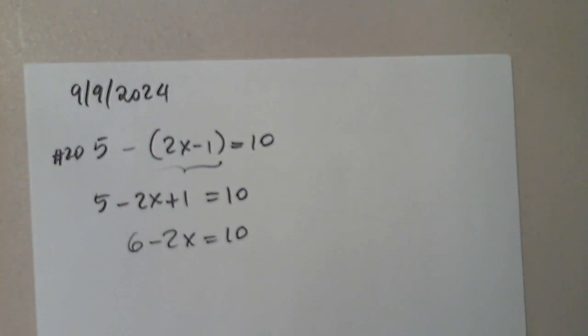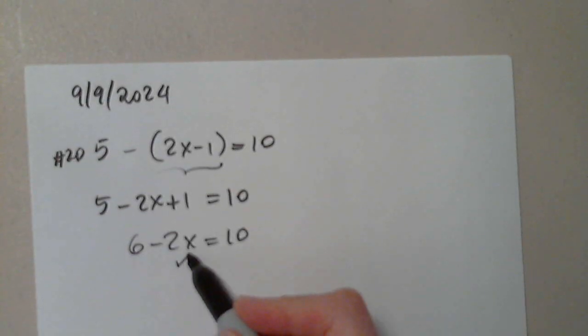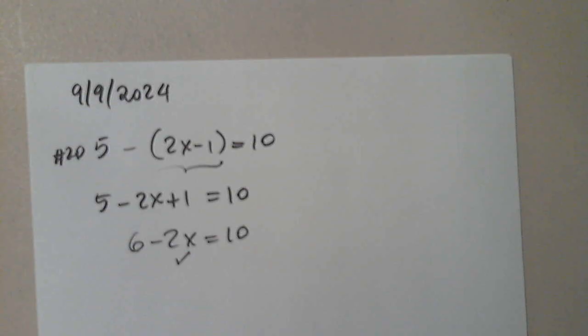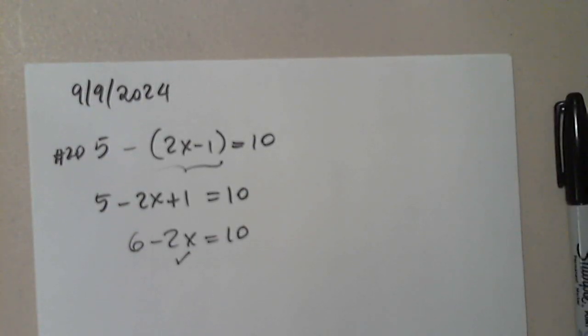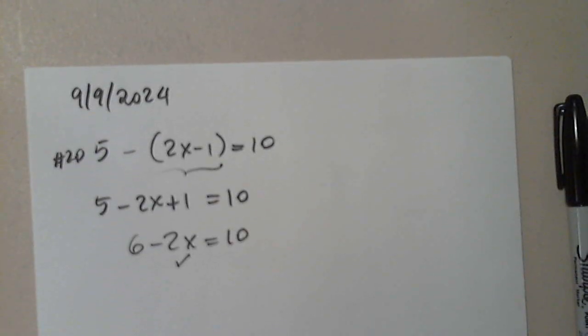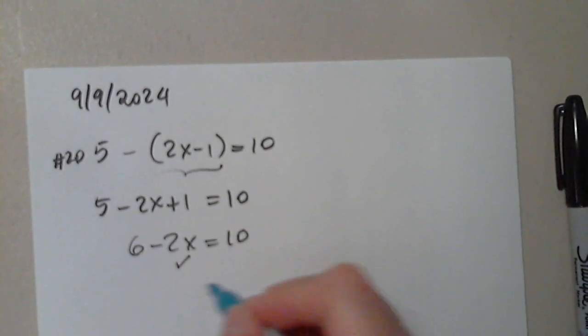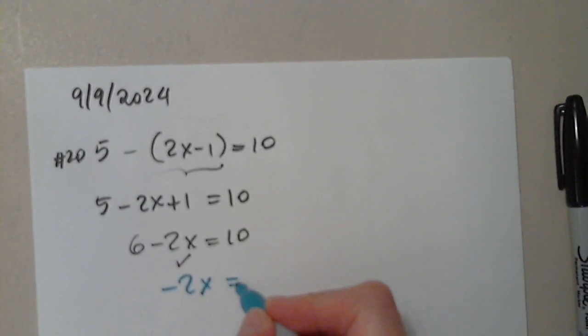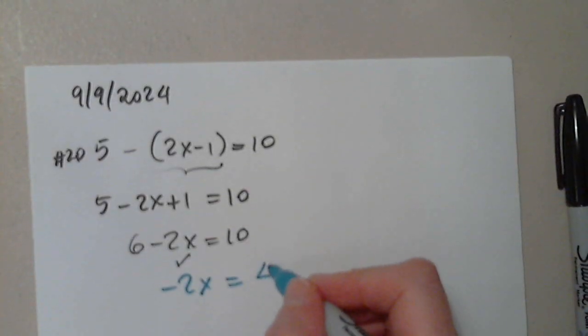And now I can clean it up, only now, because this is the only term with x. So what will be the next step? Please, anyone? Subtract 6. Exactly. We subtract 6 from both sides. Negative 2x equals 10 minus 6, which is 4.